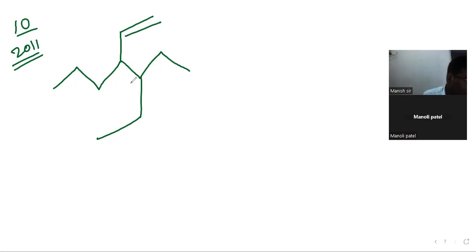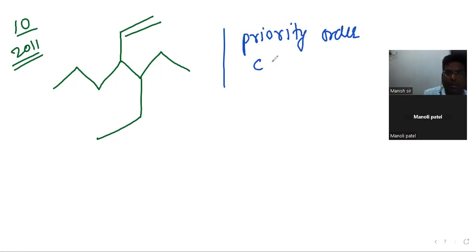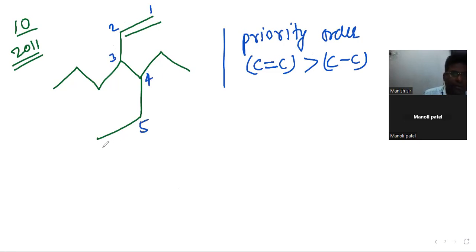So priority: double bond is greater than single bond, right? Double bond has more priority than single bond. So see here, it is 1, 2, 3, 4, 5, 6.